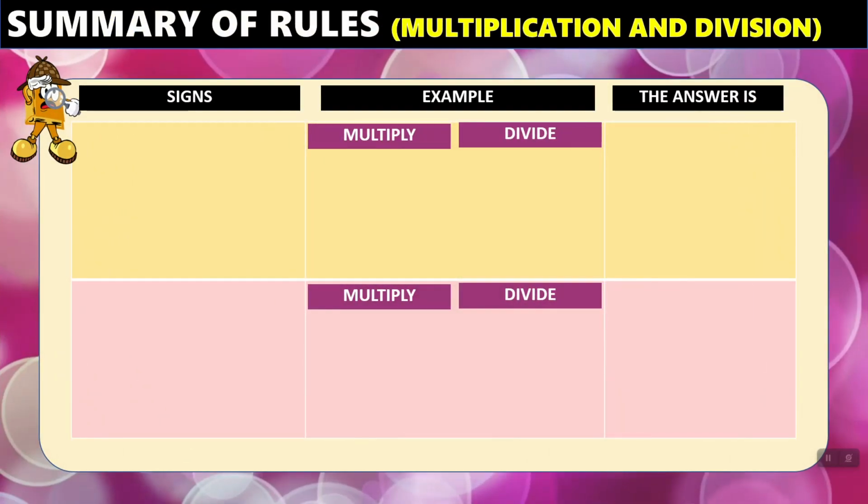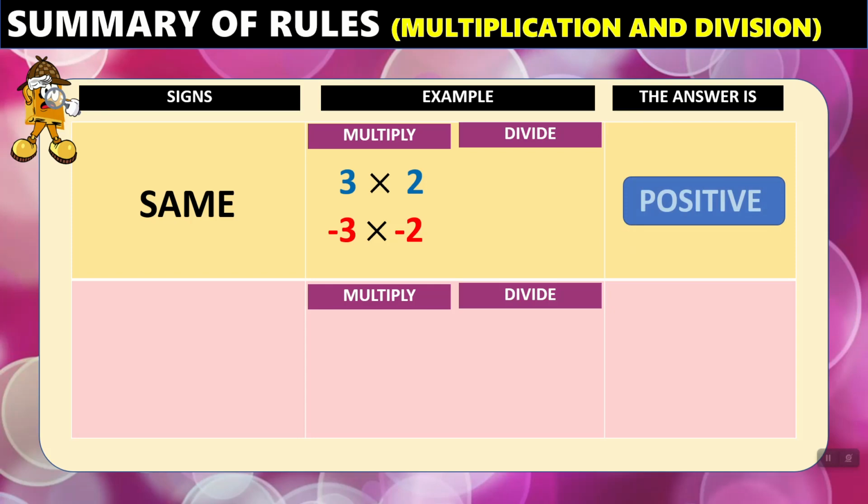So let's put together the multiplication and the division rules and see how they relate to each other. When the signs are the same and we multiply, like 3 times 2 or -3 times -2, we said that we got an answer that was positive. When we divide 6 divided by 2, those are both positive, or when we divide -6 by -2, those are both negative, we also get a positive answer.